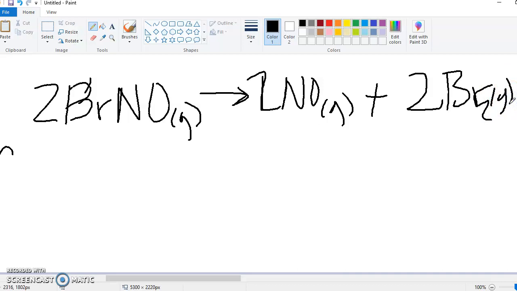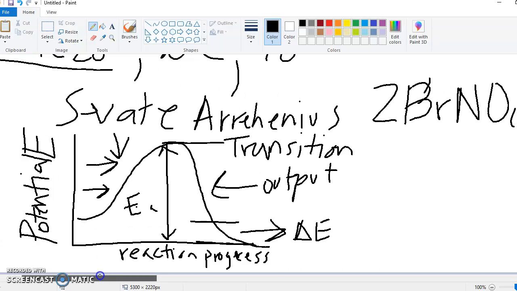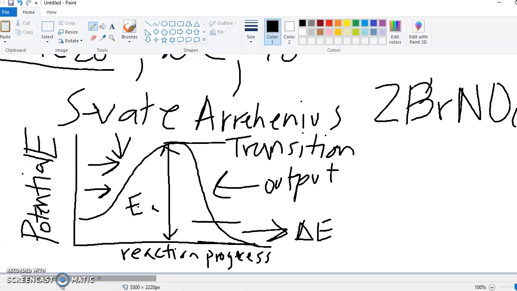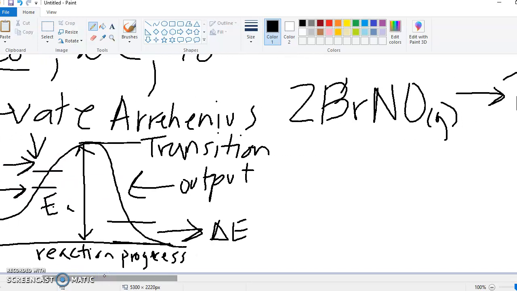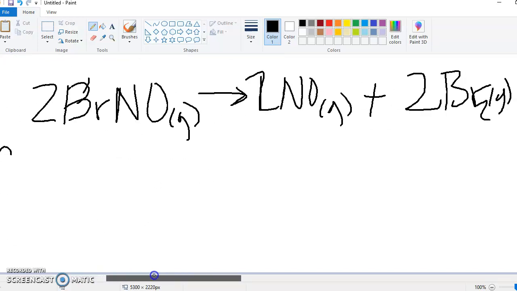All right, so if we look back at our equation, let's say this is the reaction progress of the given equation. Even though I have collisions occurring at this point and at this point, I do not have sufficient energy to come out with the product or for them to decompose.